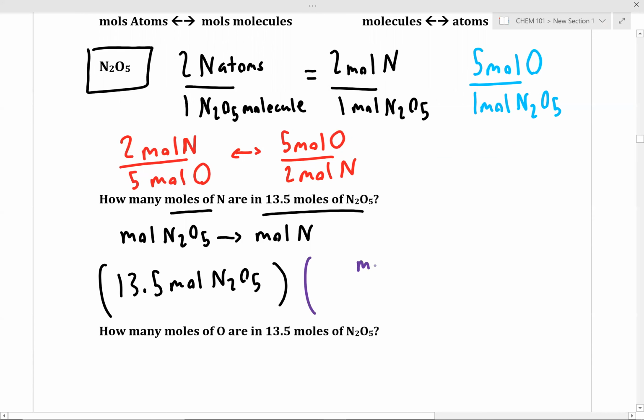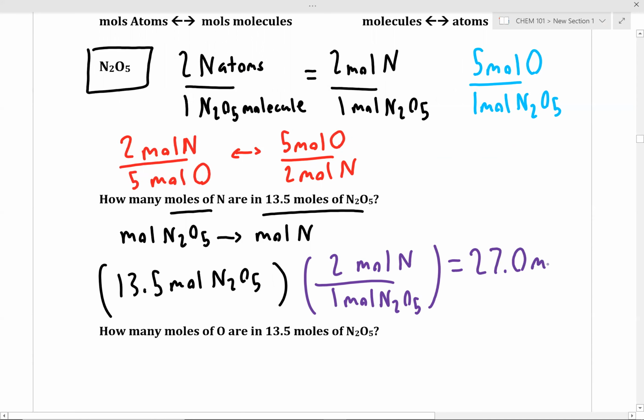And how many moles of nitrogen do we have in 1 mole of N2O5? 2. And this we don't even need a calculator for. That gives us 27.0 moles of nitrogen.